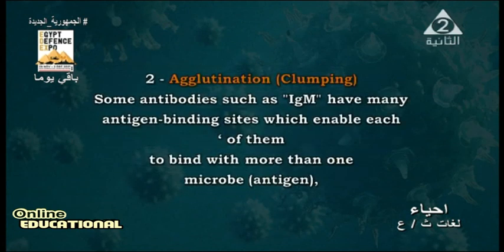What is the agglutination? Agglutination, or clumping, is done by some antibodies such as IgM. IgM is a type of antibody that has many antigen binding sites, which enable each of them to bind with more than one microbe or antigen.